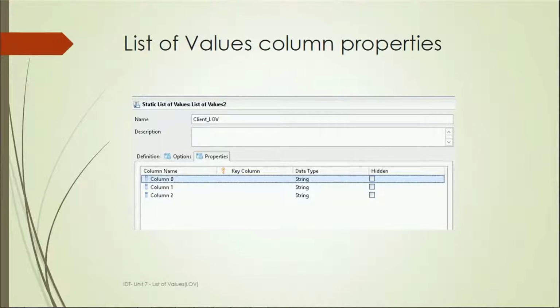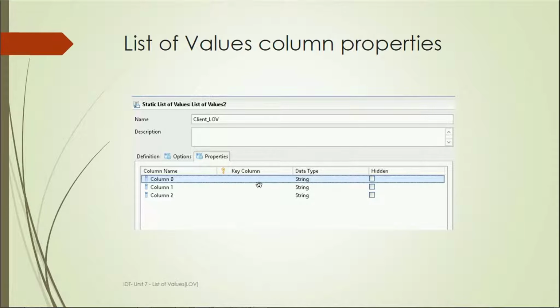When we create a static list of values, we have these options: what we can see and what properties there are for a column. The name will be the LOV name, which we can specify there. If you see the properties, there are four: column name, key column, data type, and hidden. Column is whatever column we specify; this is a hard-coded value.